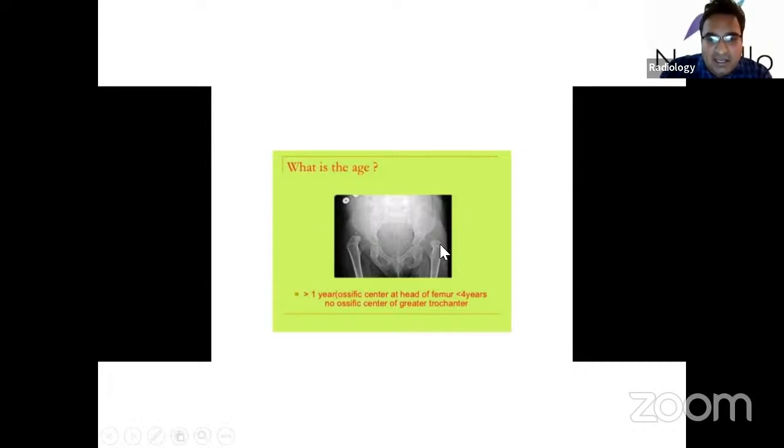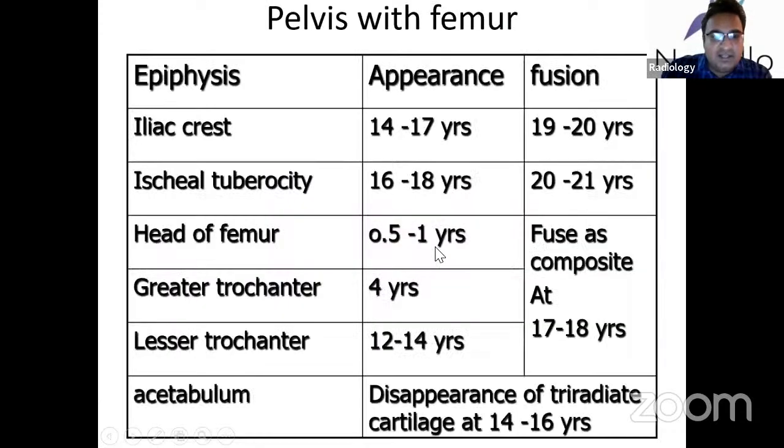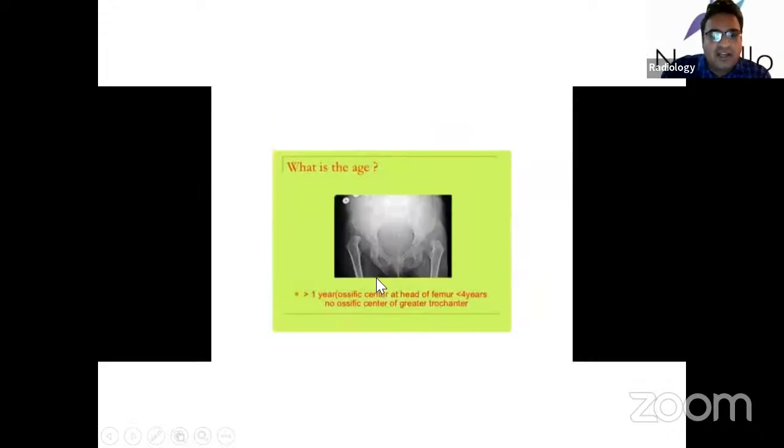Any other dot is visible? We have seen that the ossification for head of femur is around 1 year, and there should be greater and lesser trochanter. So 4-year greater and 12-year lesser. What we are able to see is only one, which is for the head of femur. So students, how will we estimate the age of the patient here? What will be the age?